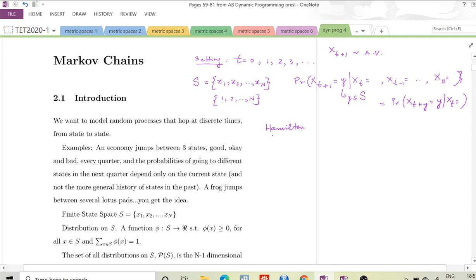These are simple examples. These are not necessarily the way that stuff is modeled in these fields.